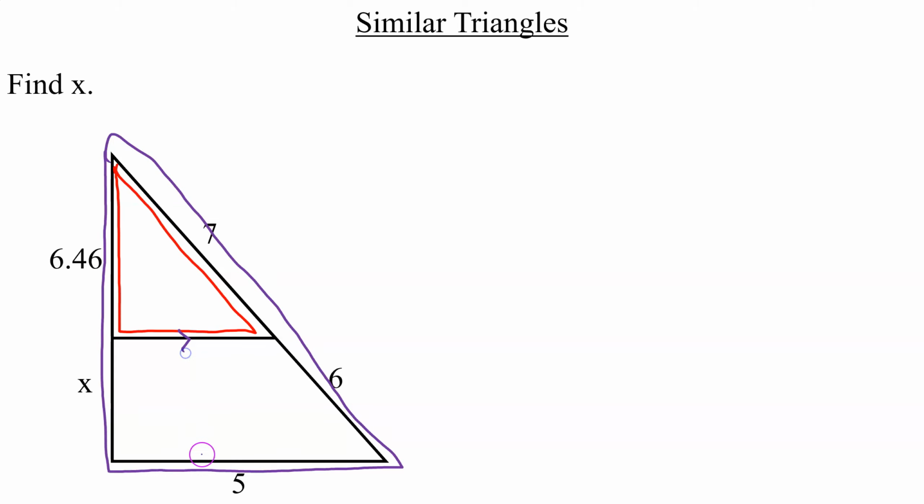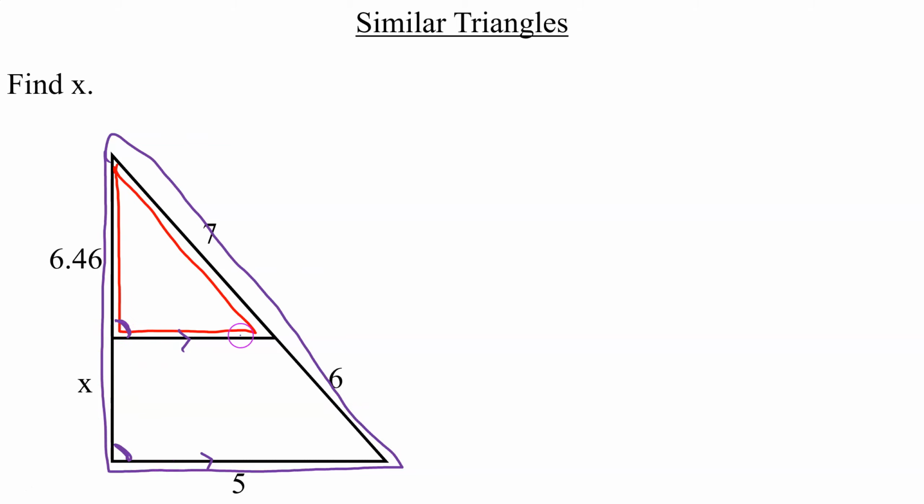And we have to assume that these lines are parallel. They look parallel. So if they're parallel, that means this angle and this angle are the same, because we have a transversal intersecting two parallel lines.